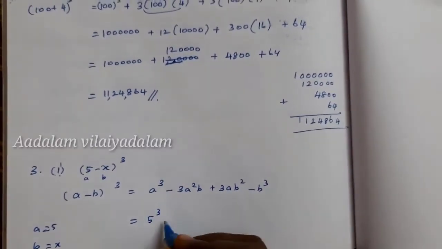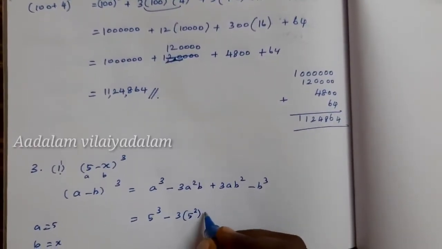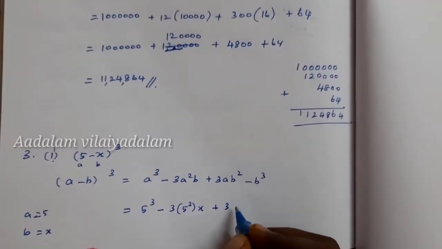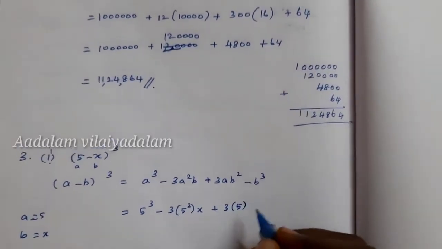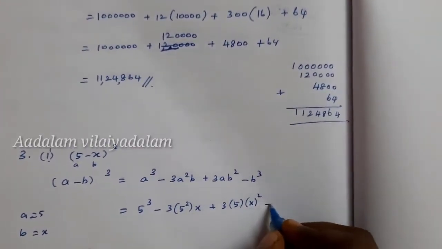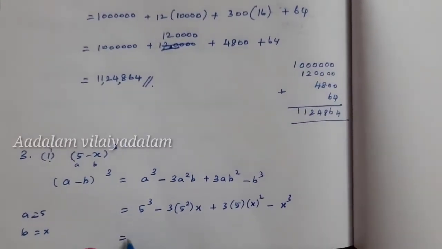So 5 cube minus 3 into 5 square, b value is x, and then 3 into a value is 5 and b square value is x the whole square, minus b cube means we can substitute x cube.